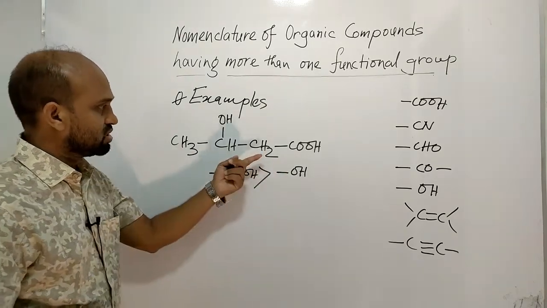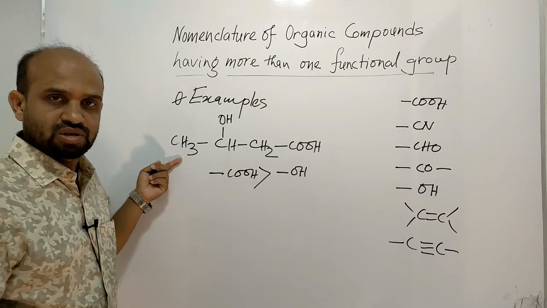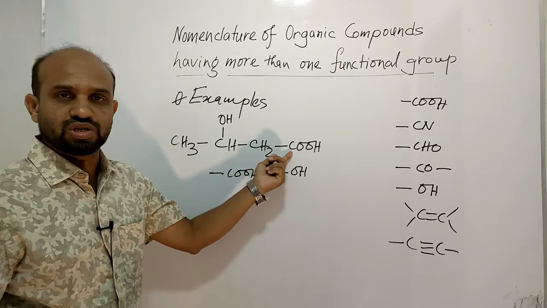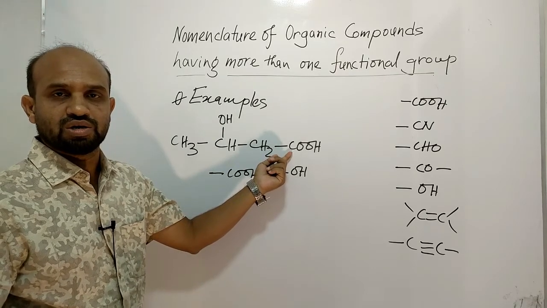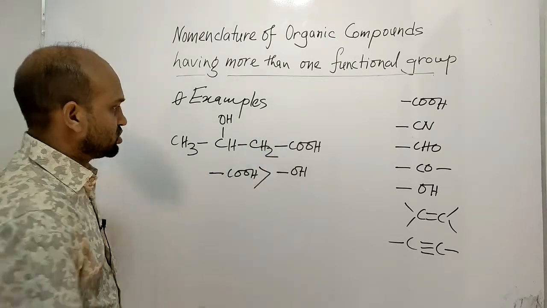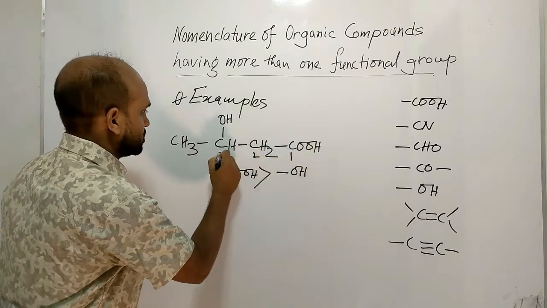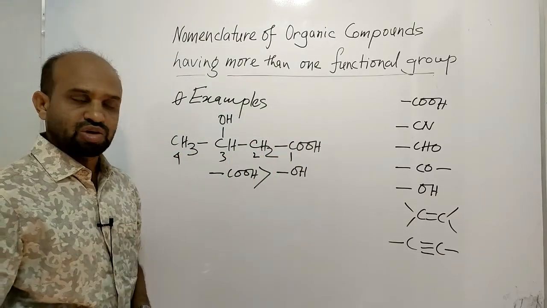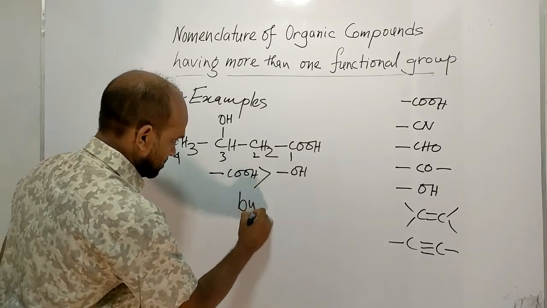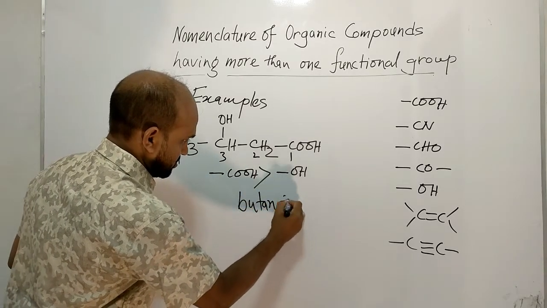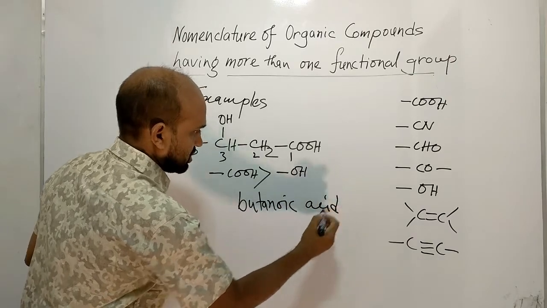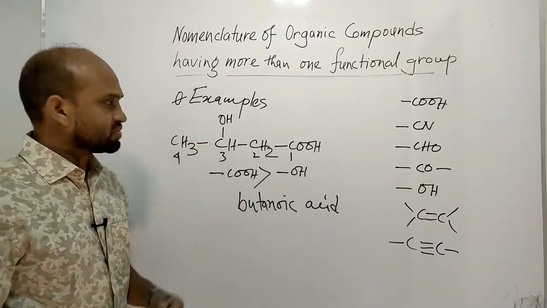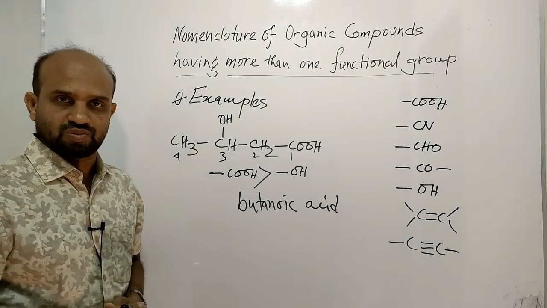First of all, carbon atoms are numbered in the chain, and in this case functional group carbon is numbered by 1, and this is always. So it is 1, 2, 3, 4. This is butanoic acid, and at carbon 3 the substituent is hydroxyl group.